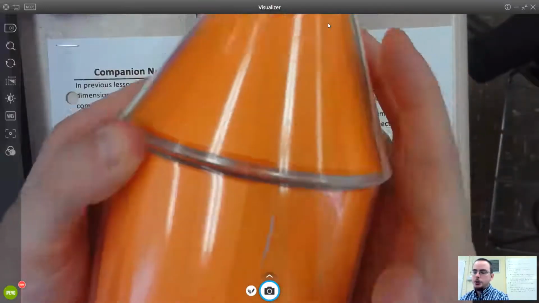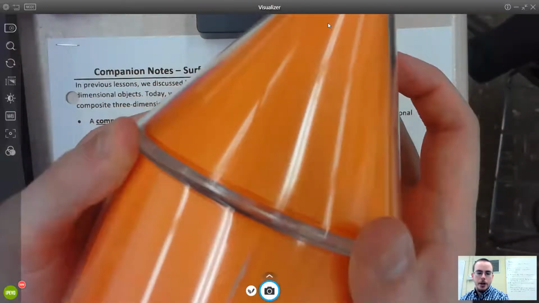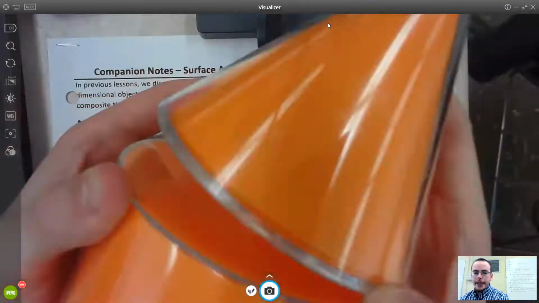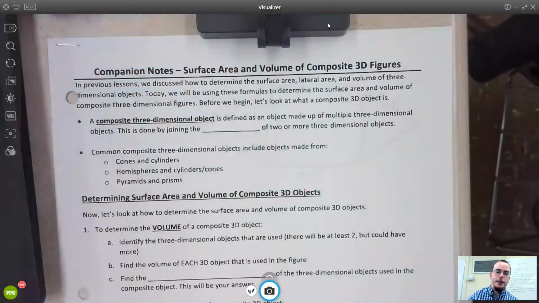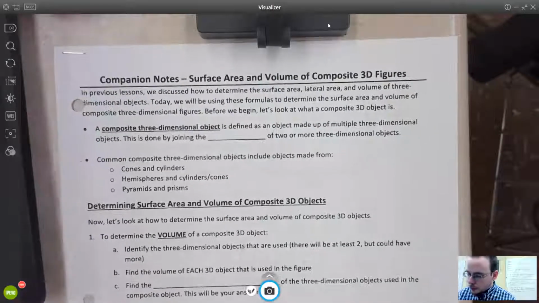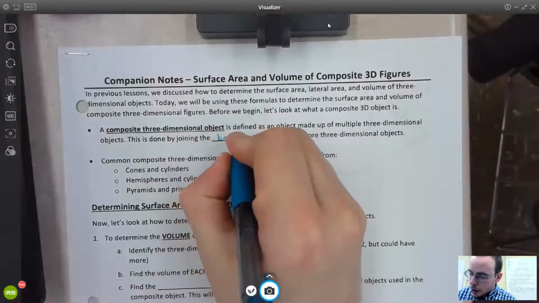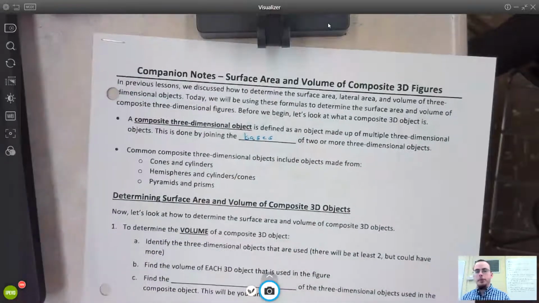Instead, this is just one conjoined thing. Okay, so they join together at the base to form those composite objects. So you may have a base for one thing on another base or another face or whatever else.